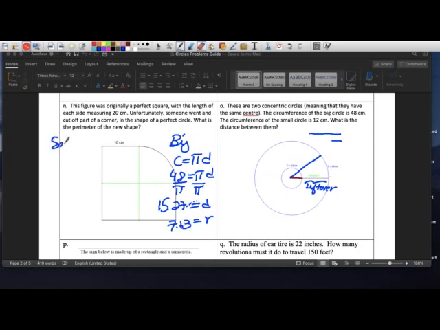Now the small circle. C equals pi d. The circumference of the small circle is 12 centimeters. So we're going to divide both sides by pi again. And d equals 12 divided by pi, which is 3.81, and so on.